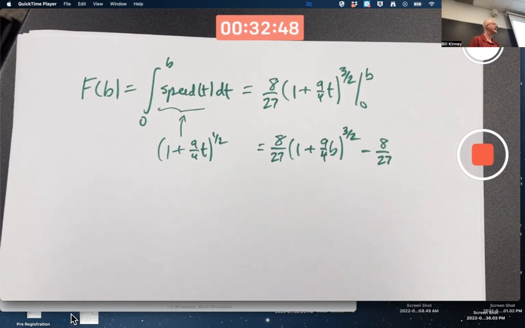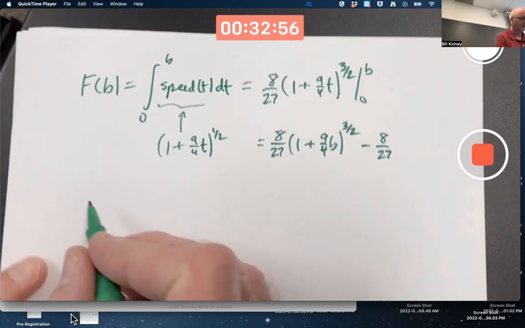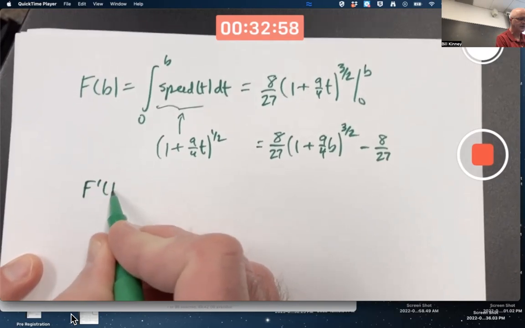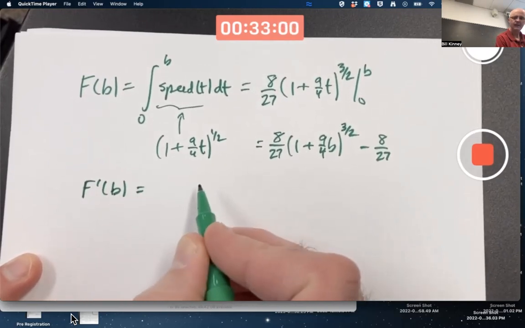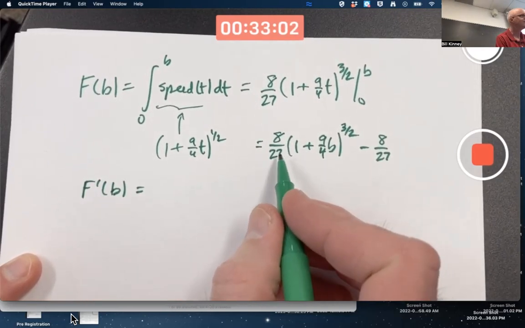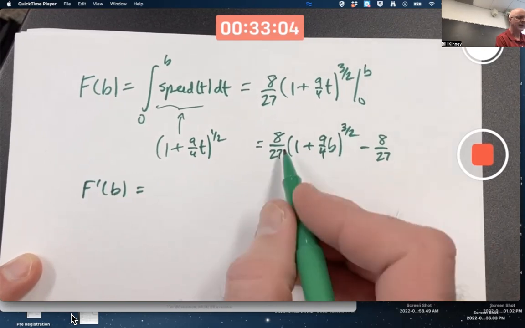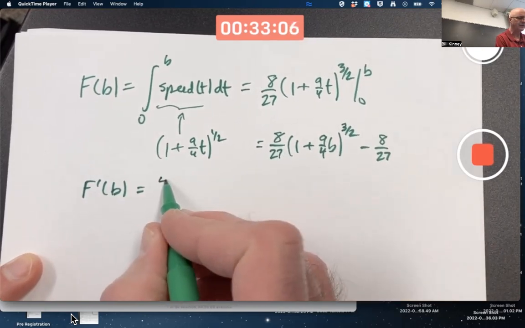Being a function of b, I guess I could graph it. I guess I could differentiate it. What would happen if I differentiate this? Capital F prime of b. Bring the 3/2 down, get 4/9.